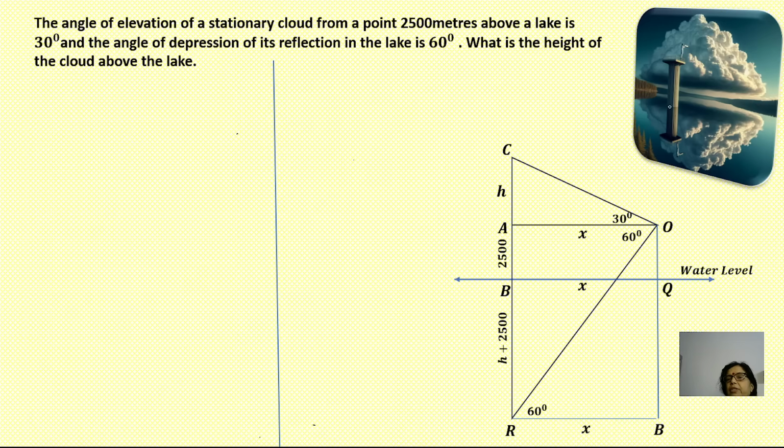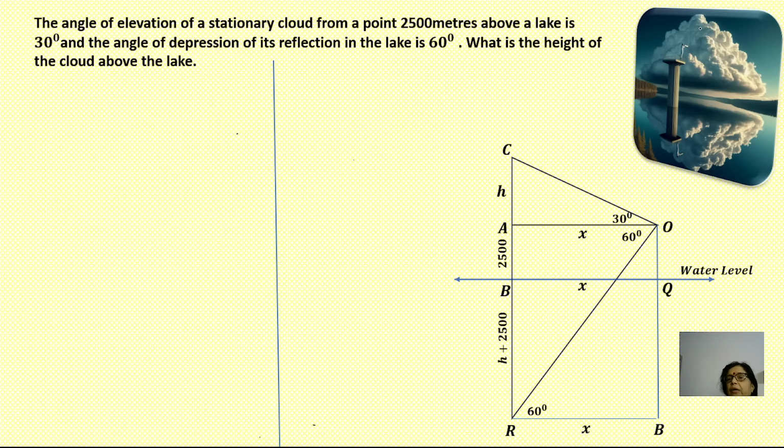So here you can see this is a visualization of the same question, and this is the person at the top of a pillar over here, and the height of this pillar is 2500 meters. He is looking at the top of the cloud and the angle of elevation is given as 30 degree.